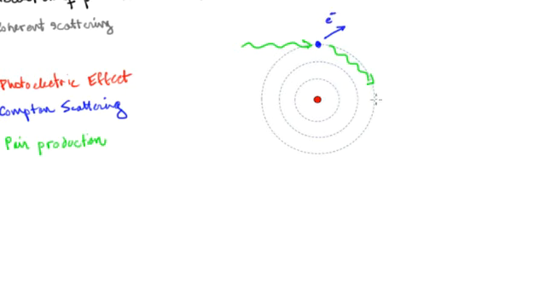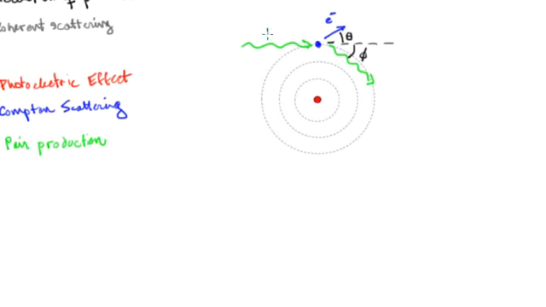And I can draw the angles here. I'm not going to write out the equations for this, but you can write down all the equations for this. They're derived by conservation of energy and conservation of momentum, but there are two angles involved in here, and you can solve everything in terms of the energies and the angles.